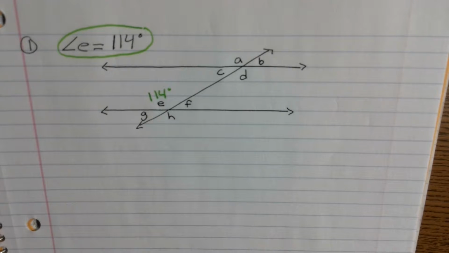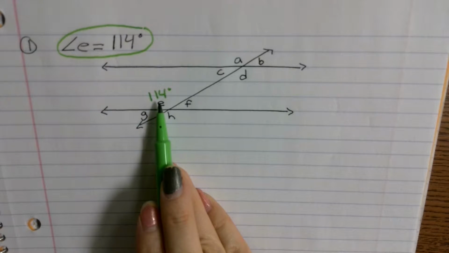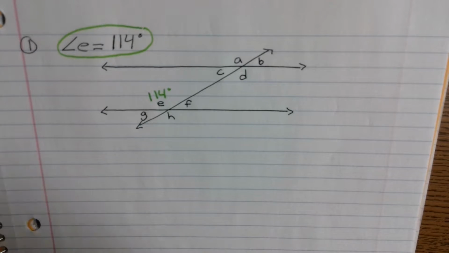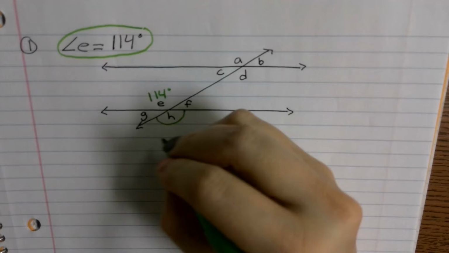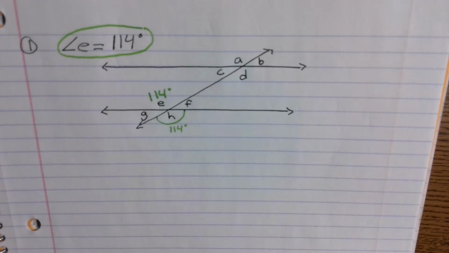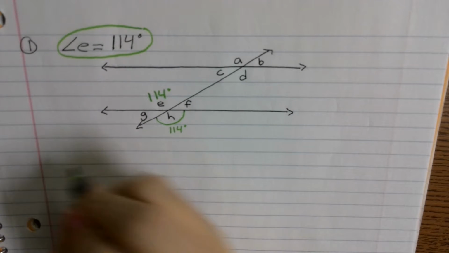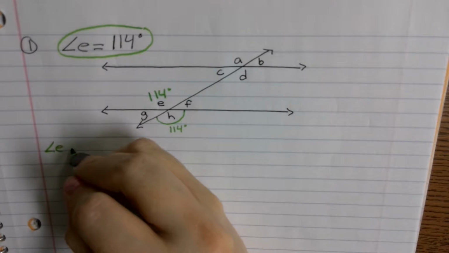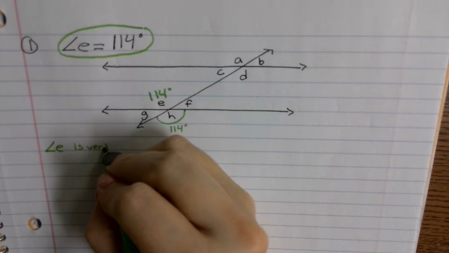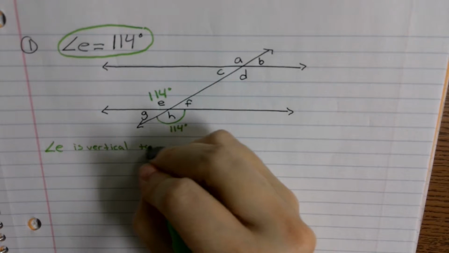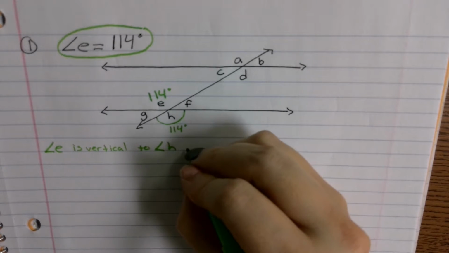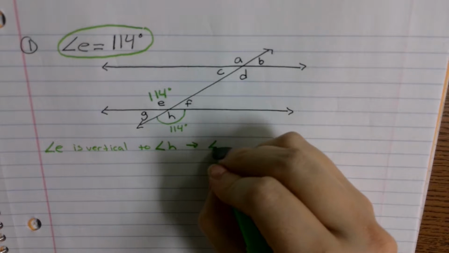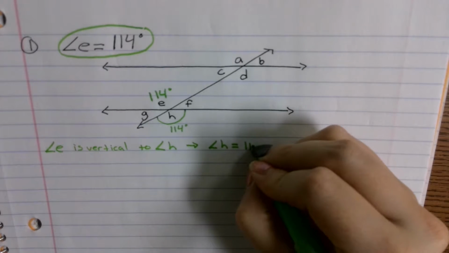Because I know that angle E is vertical to angle H, then angle H is also going to equal 114 degrees. So I'm going to write that relationship down. Angle E is vertical to angle H. Therefore, angle H equals 114 degrees.